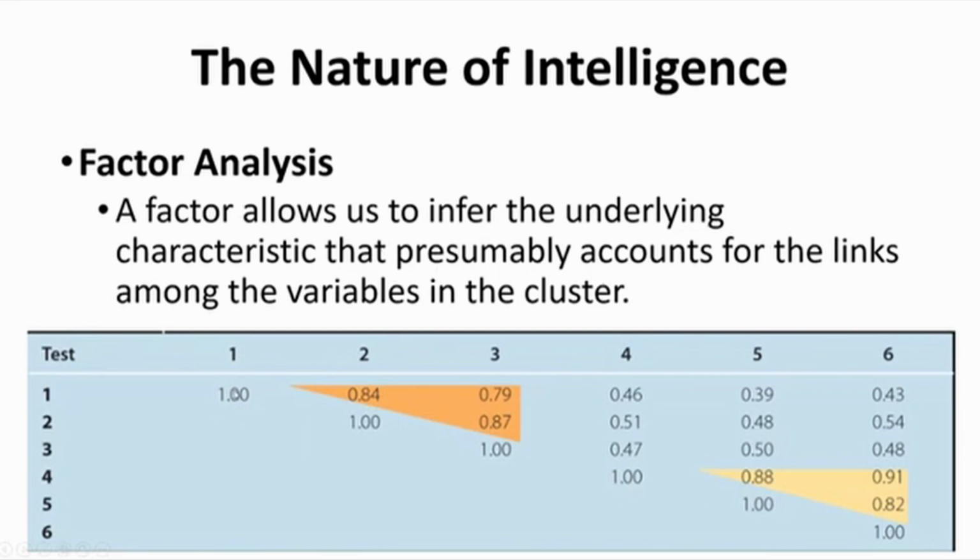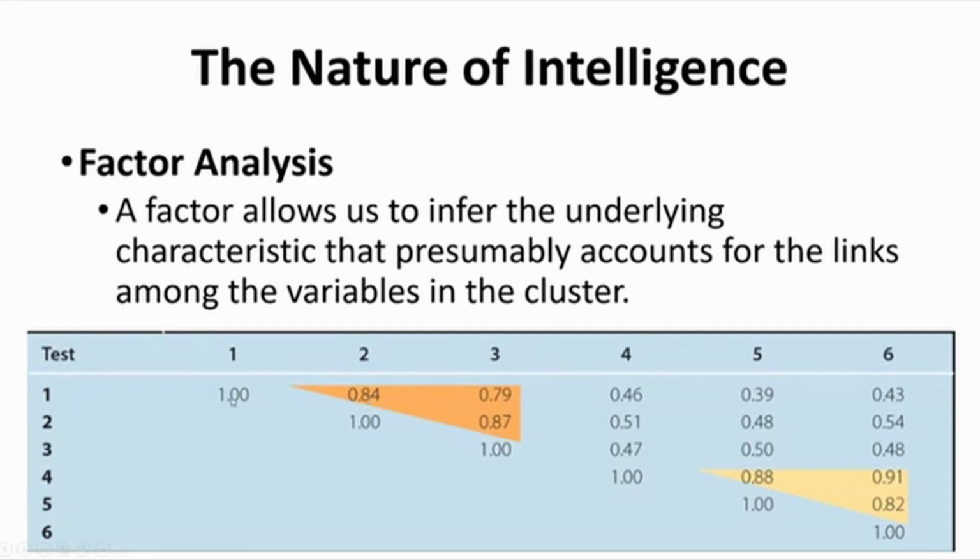The reason why it's 1 on the diagonal is because test 1 is going to have a perfect correlation with itself. So for every 1 increase in your score on test 1, you're still going to see a 1 increase in your score for test 1. So that's why there's a bunch of 1s across the diagonal. We can basically ignore those because it's not giving us useful information.